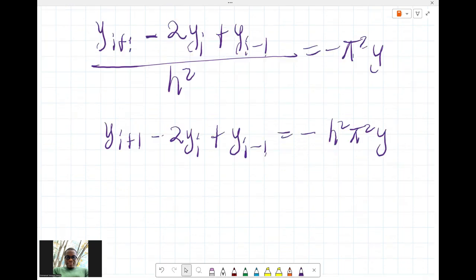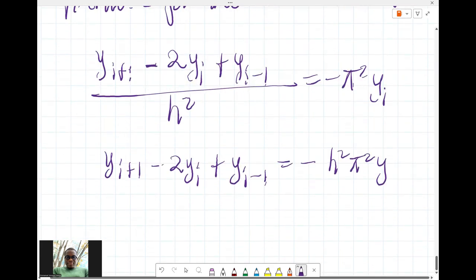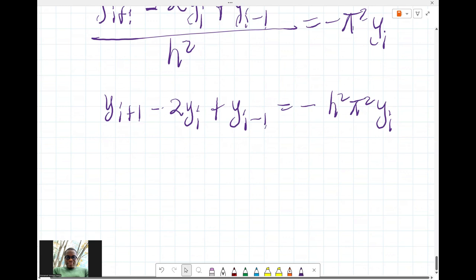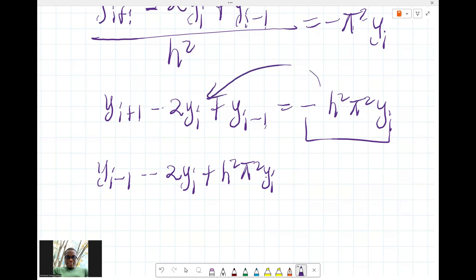Of course, this has to be y_i now, because we have brought it into that discretized form. So we can collect things together. We bring y_{i-1} to the front, minus 2y_i, plus h squared pi squared y_i. So this whole thing is negative, it comes to this other side and becomes positive, then plus y_{i+1}, all of this is now equal to 0.